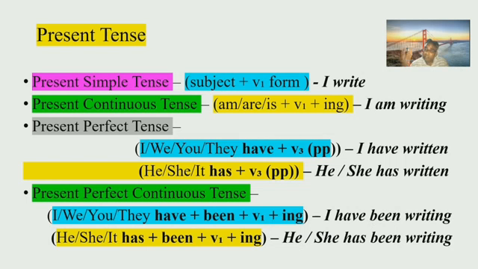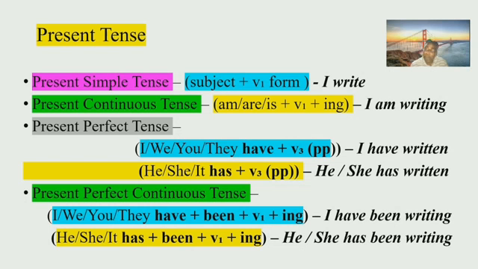I started writing four hours back, and I am continuing it. This action may continue even for a few more minutes. I have been writing. She has been writing. So the action is yet to be completed. The action started some time back, and it may continue in the future also.